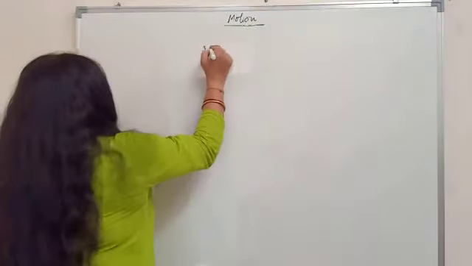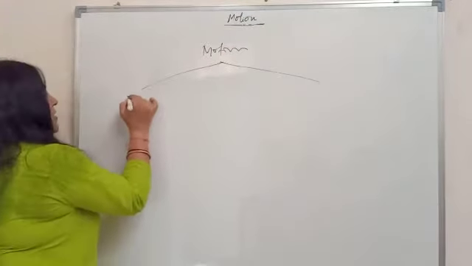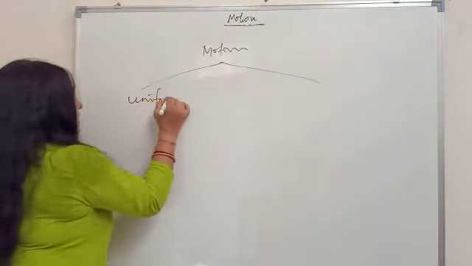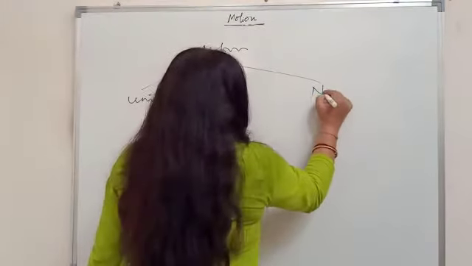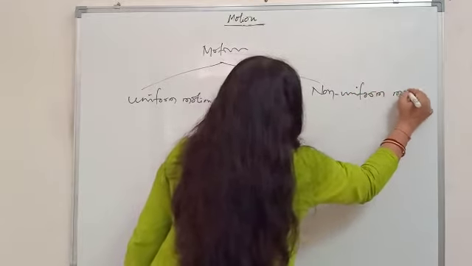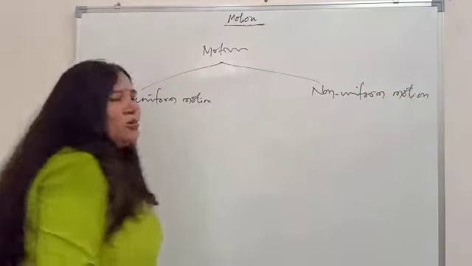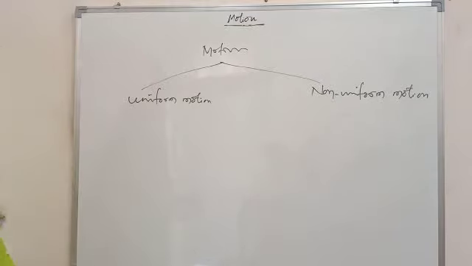So motion is classified into two categories: uniform motion and the second one, non-uniform motion. Now, what is uniform motion? Let's go for the definition.